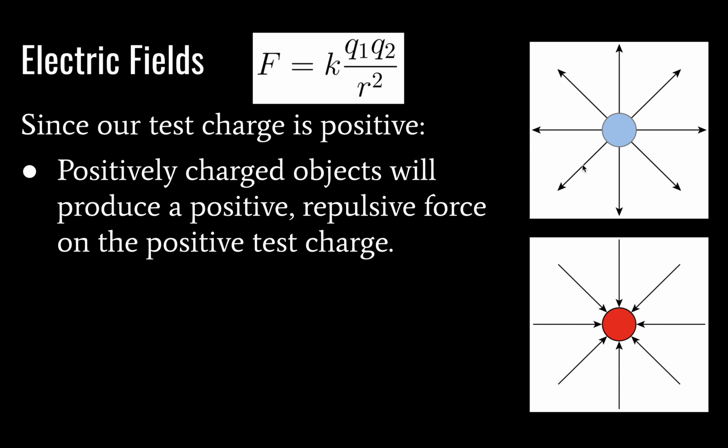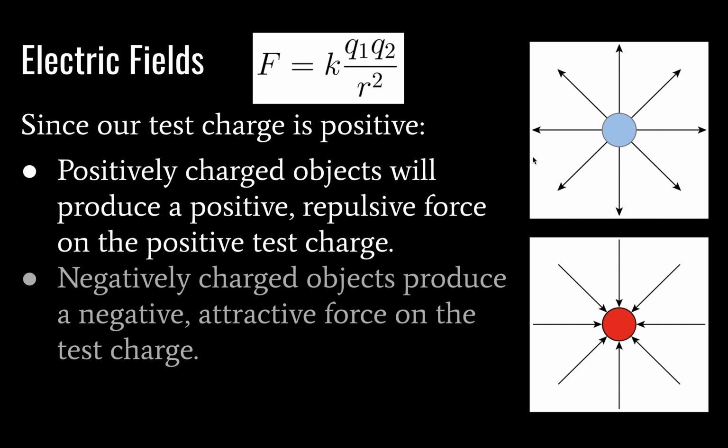And if we put a positively charged object here next to our positively charged object, it will be repulsed in the direction shown by this arrow here. Okay, so there you go. So our positively charged objects produce a positive repulsive force, and our negatively charged objects produce a negative and attractive force on our test charge, preferably a proton.